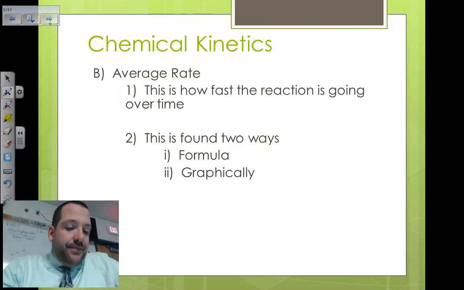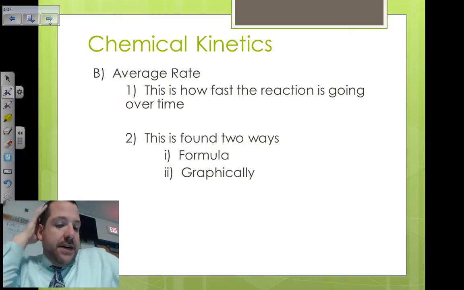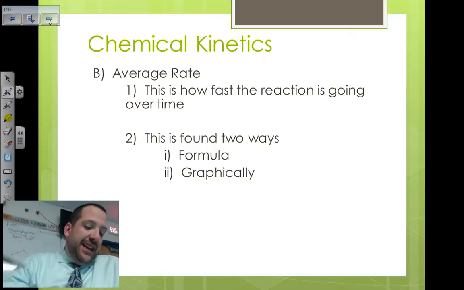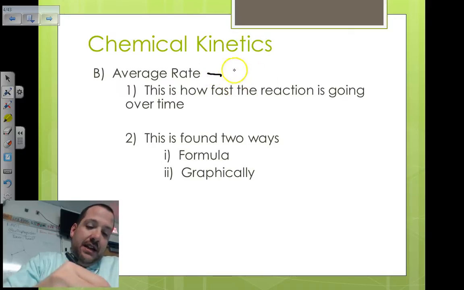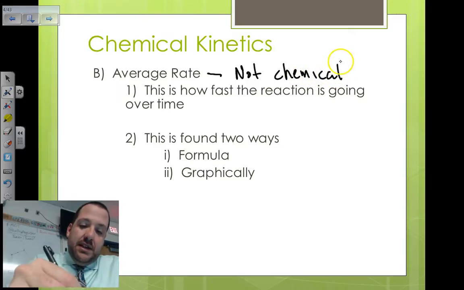Okay, so there's actually two kinds of rates that we want to talk about. We want to talk about average rate, and what I will say about average rate is this is not chemically important, really.